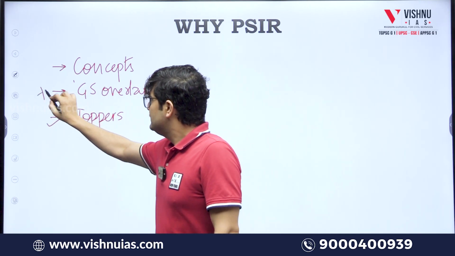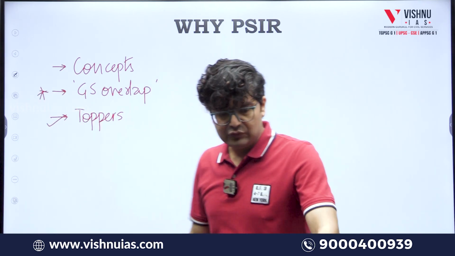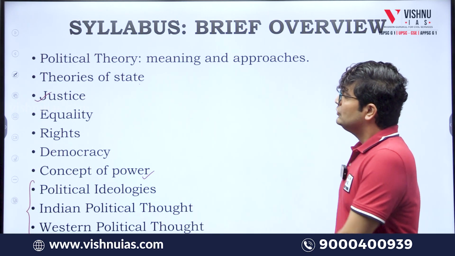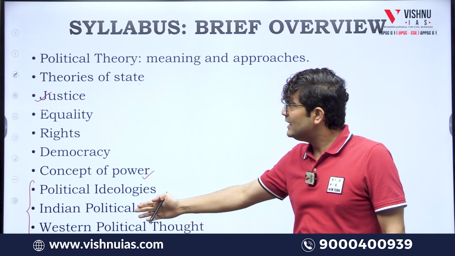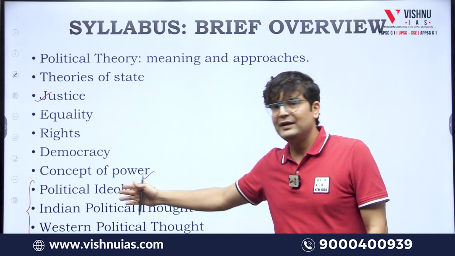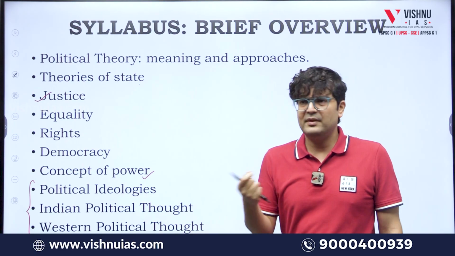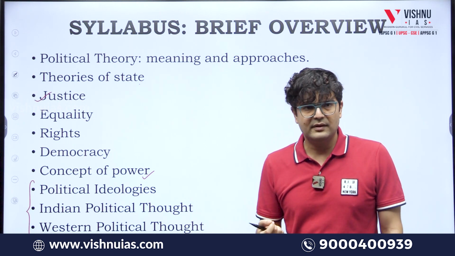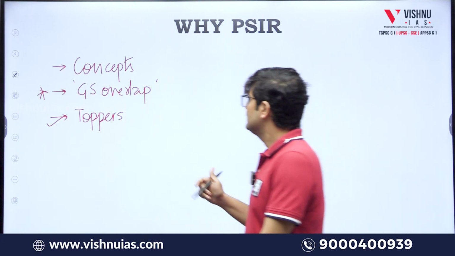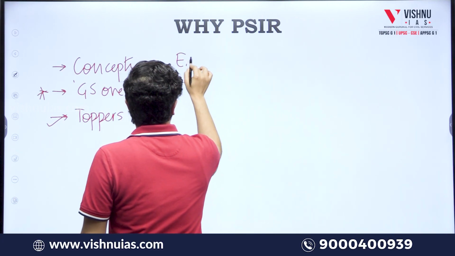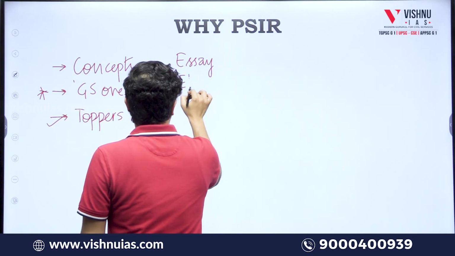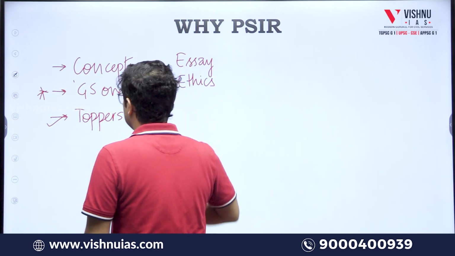Let's come to this first, the GS overlap, and see it thoroughly as to what kind of overlap we are expecting here. So this will give you a generic idea on various theories of state, also concept of power and political ideologies, right? Marxism, liberalism, feminism, Gandhism, etc., which can then have a reflection in two things. Number one, your essays, as well as your GS paper 4, part 1, ethics.